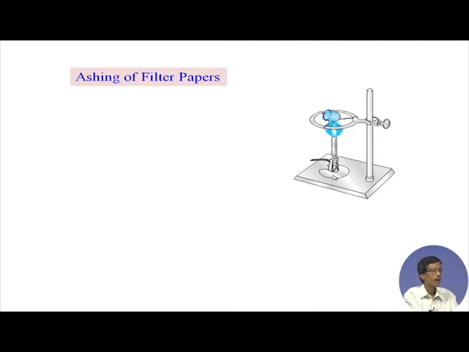So, this is the burner and how you put it. You see this is the ring, which can be clamped over here. Then we have another wire triangle, and some porcelain support is there. So, this is basically how you get it.